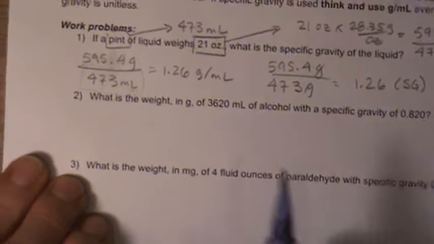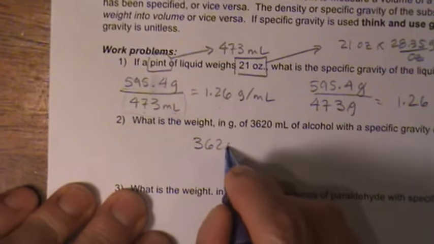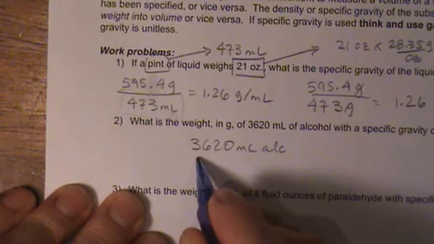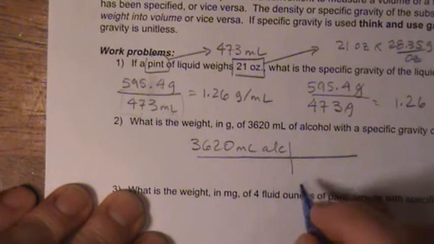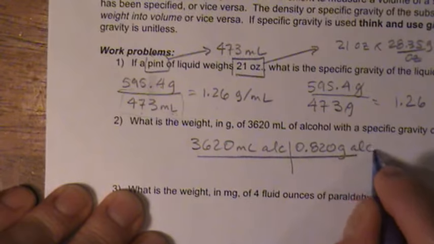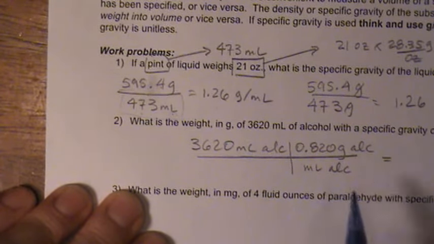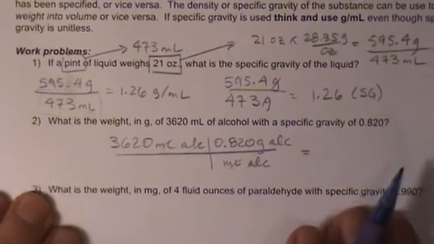All right, so the easiest way to do that is take 3,620 mils of alcohol, and I know there are 0.820 grams of alcohol per every mil of alcohol. And my mils of alcohol cancel out. I'm left with grams of alcohol. That's exactly what I wanted.